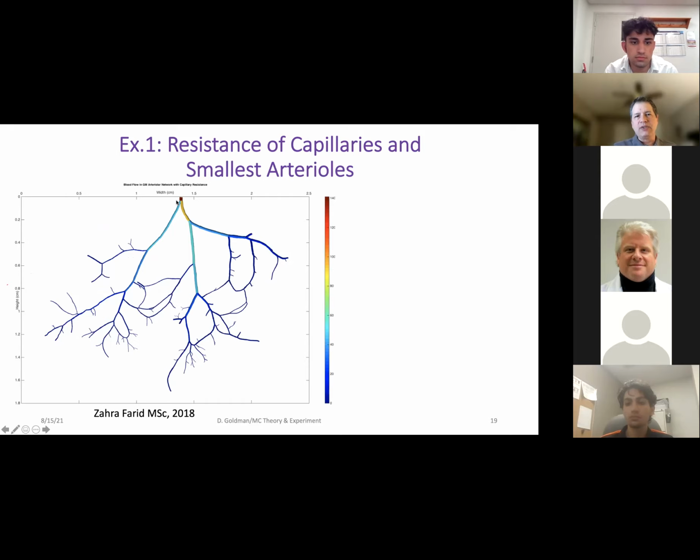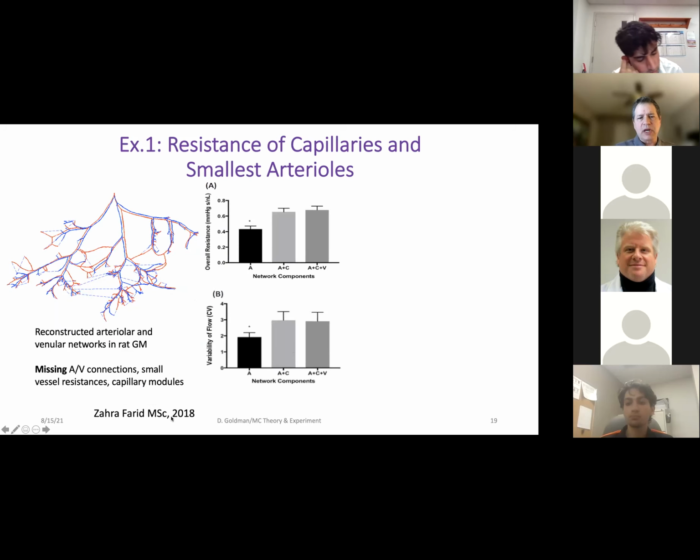We can use our model to calculate this flow, and you can see there are lots of little segments here. Then we can look at how it agrees with measurements that have been done of flow in this type of network, and how different components like the venules and the capillaries affect the flow. This is from Zara Farid's master's thesis from years ago.